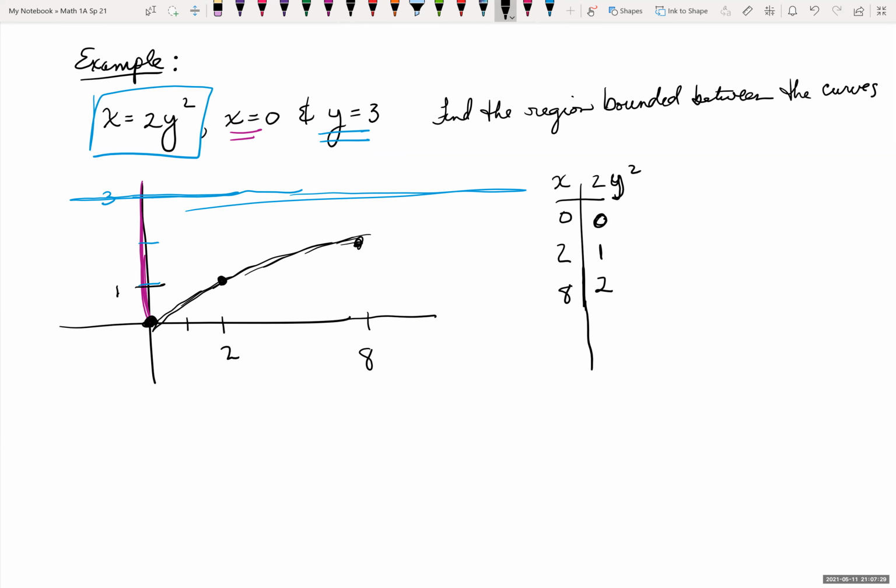Basically, we need to figure out what x value is going to give us back y equals 3. Well, if we plug in y equals 3, we get 3 squared is 9, times 2 is 18. So way out here.